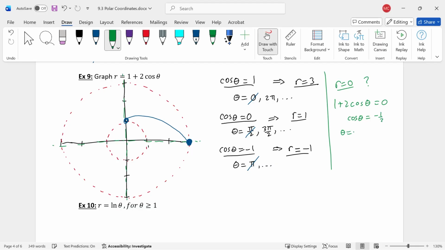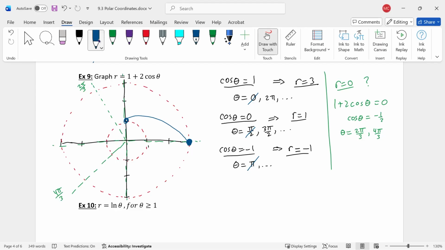So theta, from 0 to 2 pi, cosine would be negative 1/2 at 2/3 of pi and 4/3 of pi. So 2/3 of pi, that's going to put me about here. And 4/3 of pi puts me here.